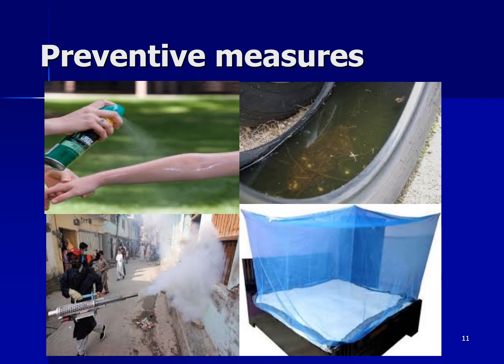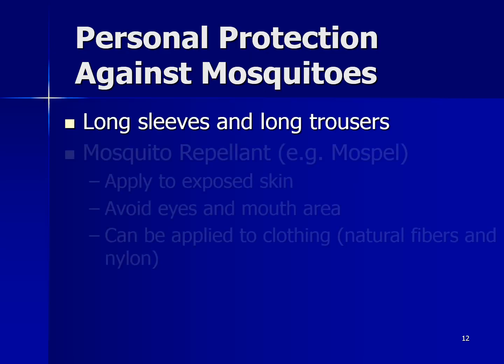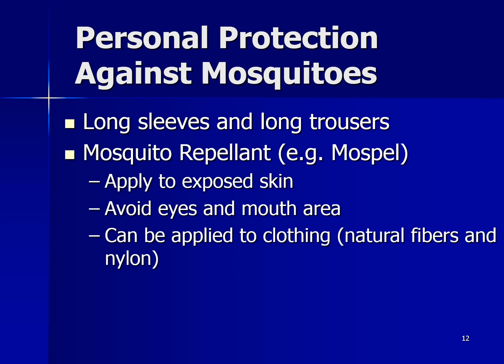You can potentiate the effect by treating them with insecticides, and of course the fumigation of the streets and houses to get rid of these mosquitoes. So personal protection against mosquitoes is again similar to what we have discussed.